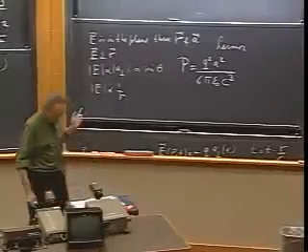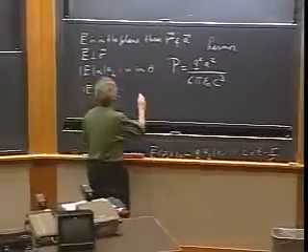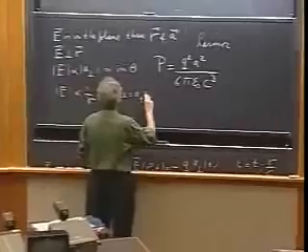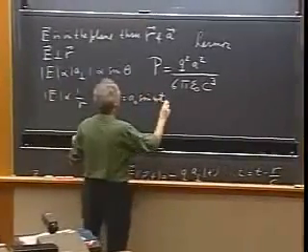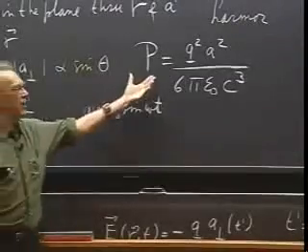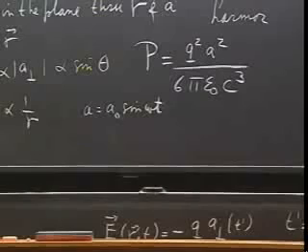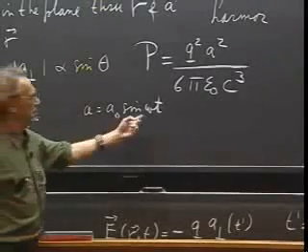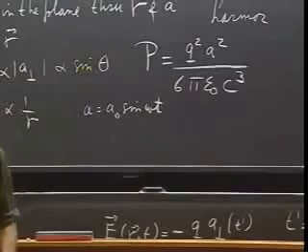Now, if A is oscillating, if A is A0 sine omega t or cosine omega t, then you can calculate what the mean value of the power is during one oscillation, and then the average value of the sine square omega t becomes 1/2, of course.